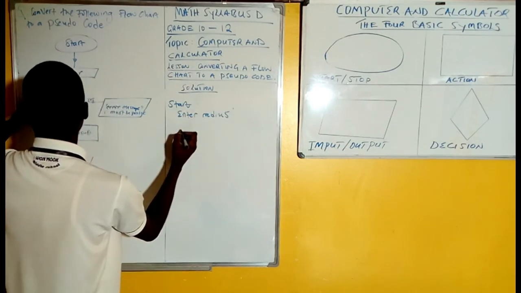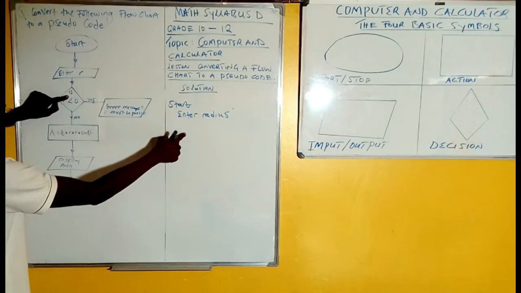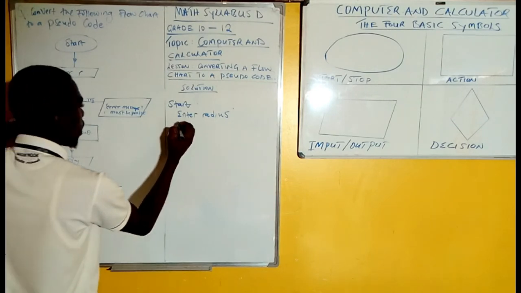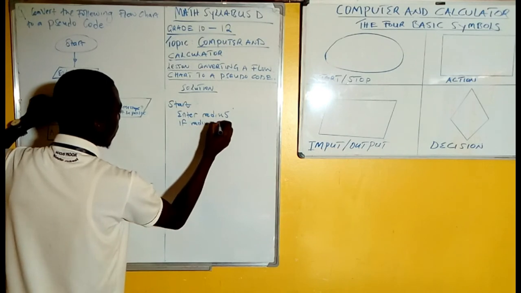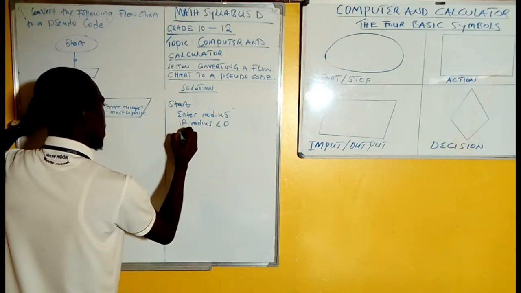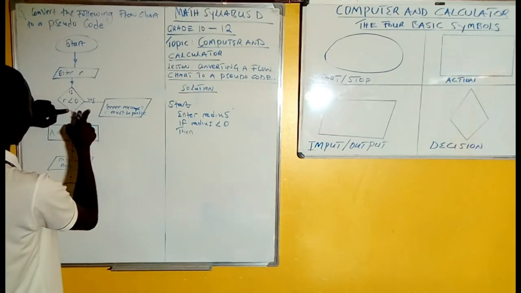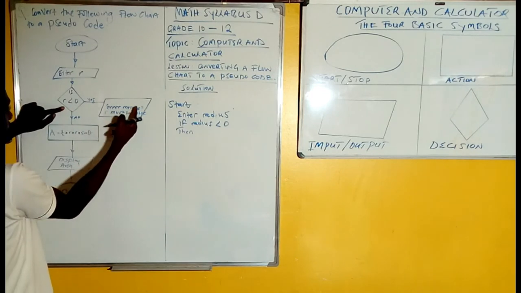Okay? Then you ask here, the is on the flowchart changes to the if when you're writing a pseudocode. So here it's a question. If radius is less than 0, then, okay, so here they are saying display error message.